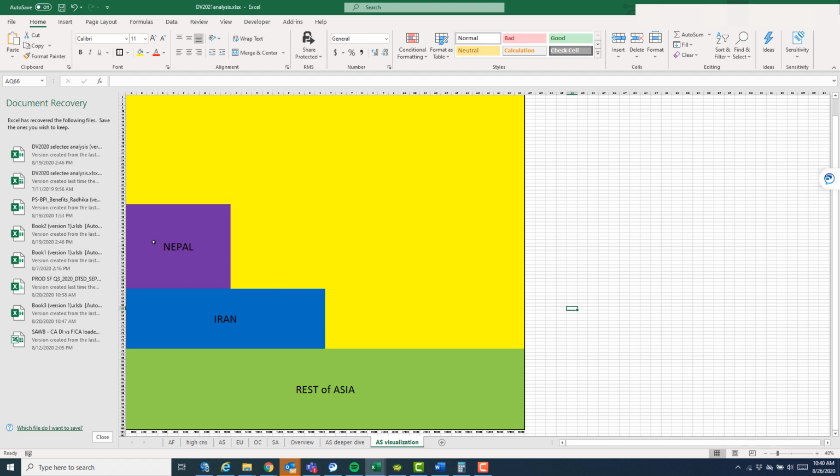We know that Nepal is probably going to take 3,500 visas or so, maybe a bit more, 3,700, could be in that range, which means that there's 5,000 visas left after Nepal has taken its chunk. There's 5,000 visas left within the quota, which is to be shared between the rest of Asia and Iran.